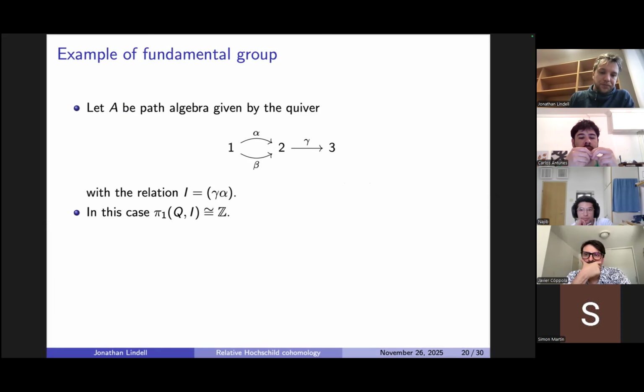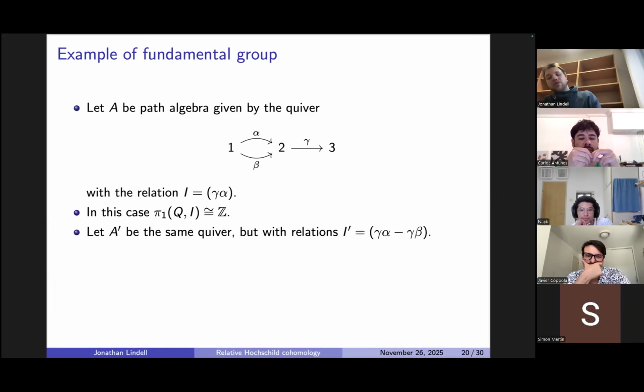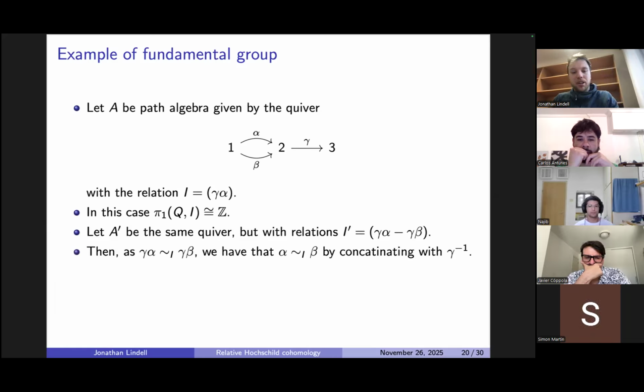Okay. So what if we now take the same quiver, but instead take the relation that the path gamma alpha is equal to gamma beta? By the elementary homotopy, this means that gamma alpha is homotopic to gamma beta, but then alpha is homotopic to beta by concatenating with gamma inverse to remove the gamma.